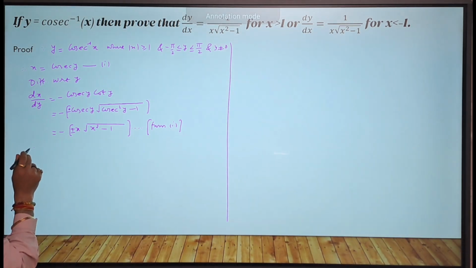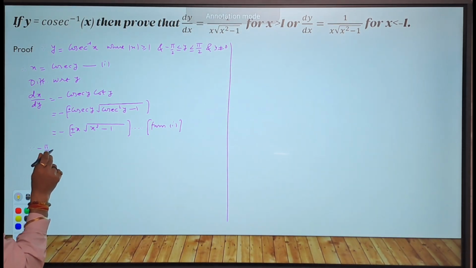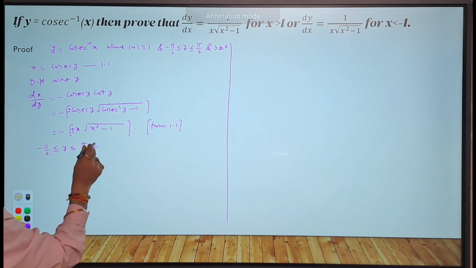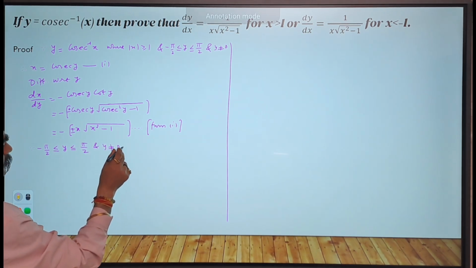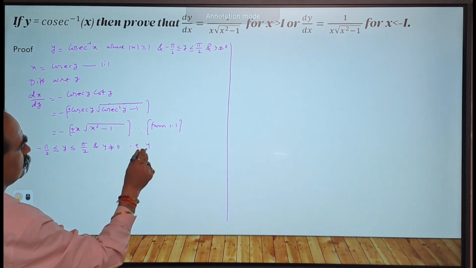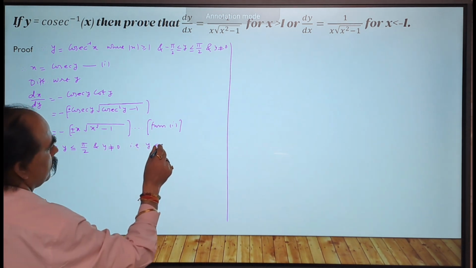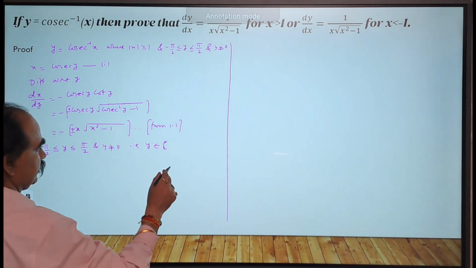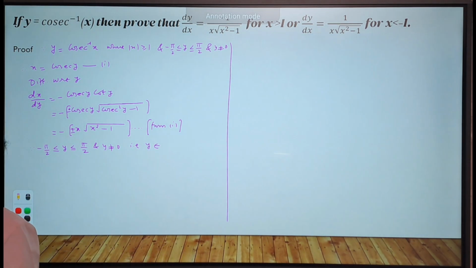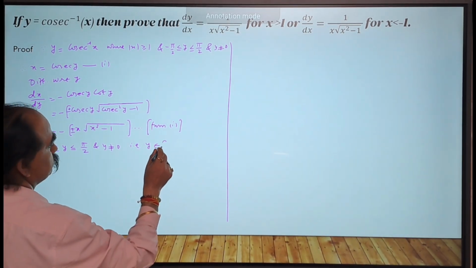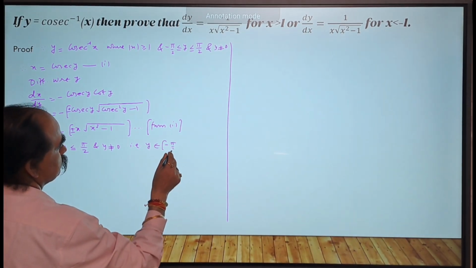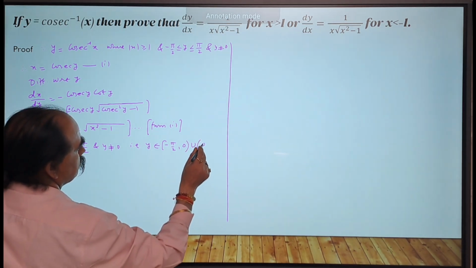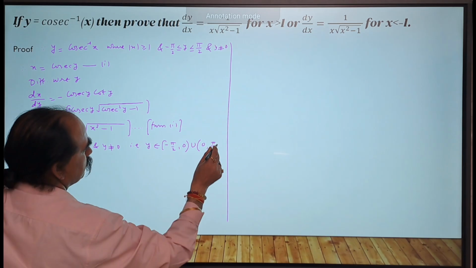Since minus pi by 2 is less than or equal to y and y is not equal to 0, that is, y belongs to minus pi by 2 to 0 union 0 to pi by 2.